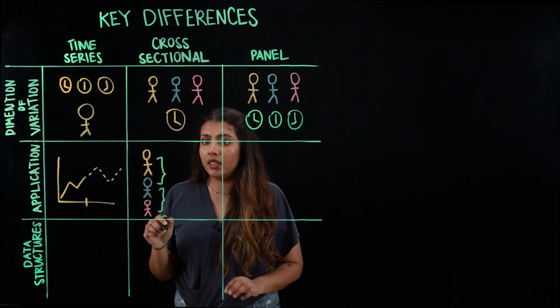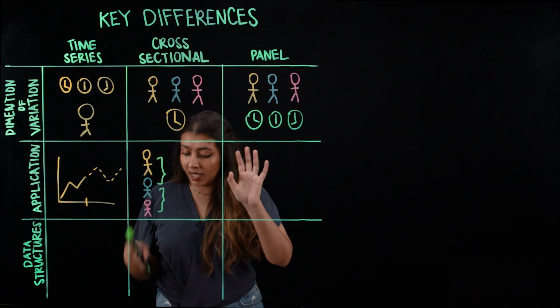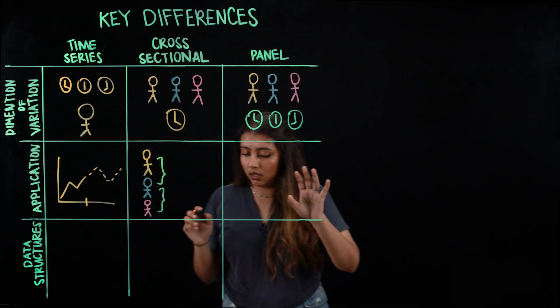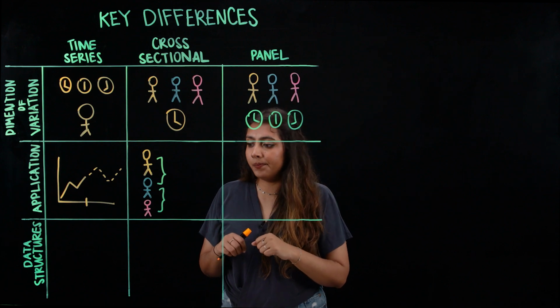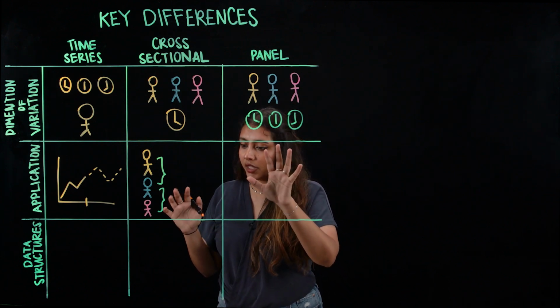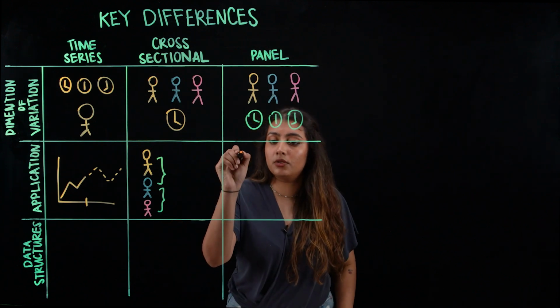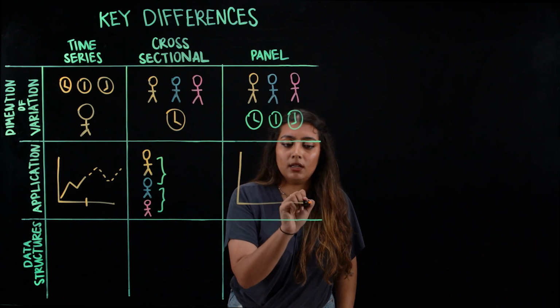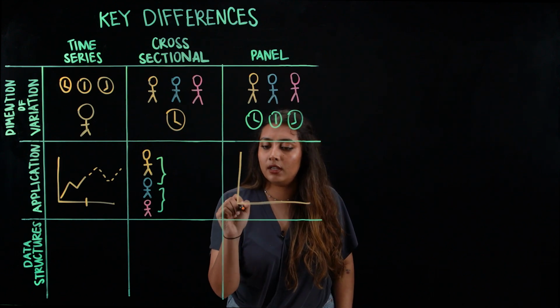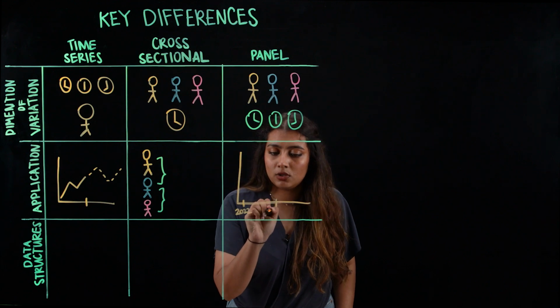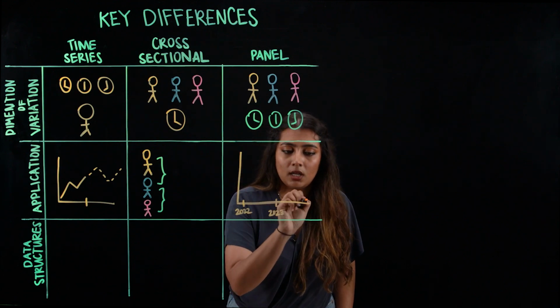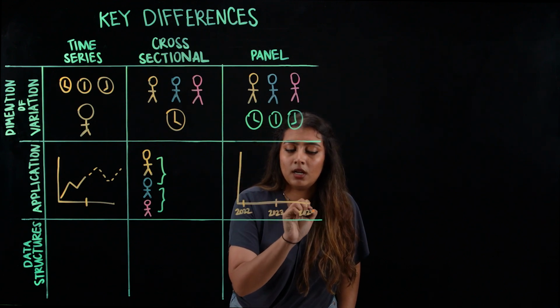And then for panel data, we are looking at sort of what they would look like, the changes over time. So this might be something like this graph, and we're looking at a point in 2022, 2023, and 2024.